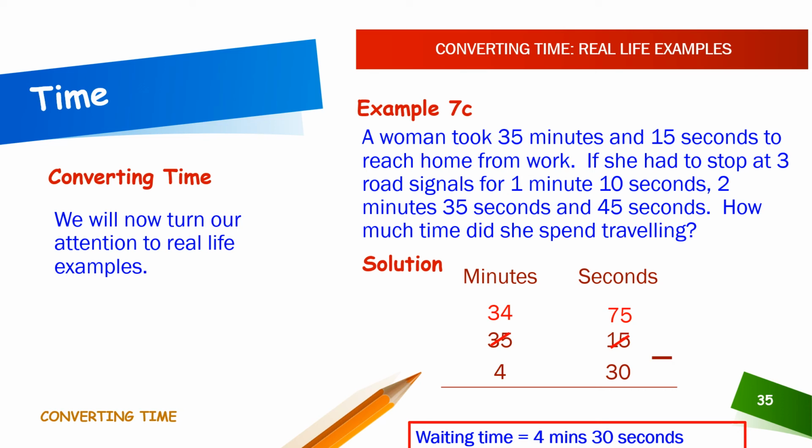So now we can subtract 30 from 75. 5 minus 0 is 5, and 7 minus 3 is 4. And subtracting the minutes, 34 minus 4, we have 4 minus 4 is 0, and 3 minus 0 is 3. Therefore, the woman's total travelling time, or time in motion, was 34 minutes and 45 seconds.